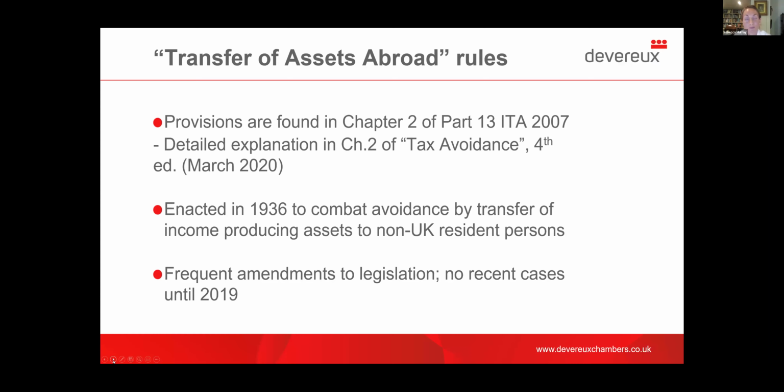The partnership income was received offshore by the company, and until Finance Act 1936 was enacted, the offshore income was not subject to UK income tax in anyone's hands. And then the profits could be returned to the UK by the taxpayer as tax-free capital at a later date. So in effect, the income was enjoyed tax-free in the UK by a UK resident person. And you can see why Parliament would legislate to stop that mischief.